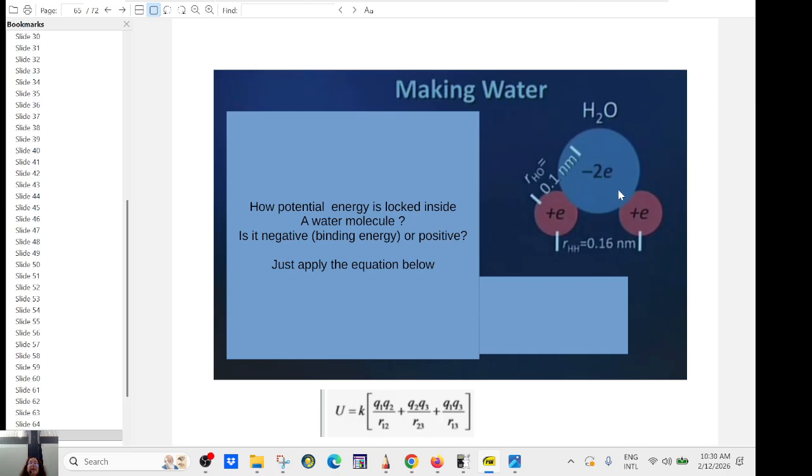So you have to bring energy to break it apart. That means the configuration has potential energy. Any molecule in chemistry has potential energy. That potential energy is negative because it's bound together, and if you want to break that molecule, you have to bring some energy. You have to force it.